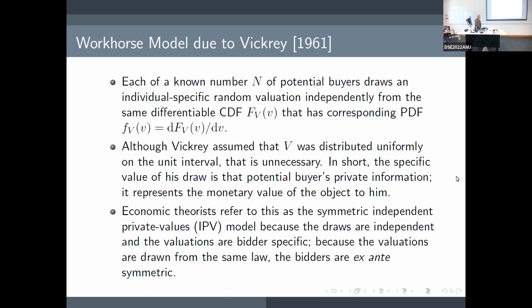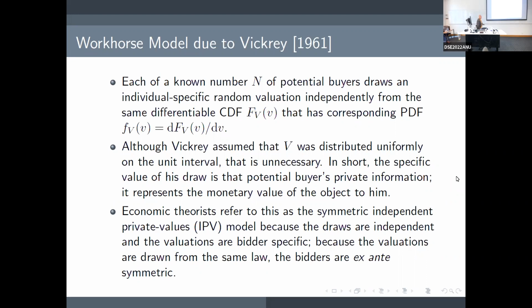So you've got this group of folks. I identify them by big N, and they're potential buyers. They get a draw from this urn, big F, that has a PDF, little f. Vickrey did all his work in the uniform example, and that seems somewhat limiting, but in this world, you can always transform things.